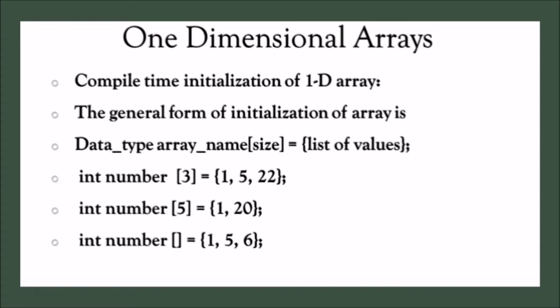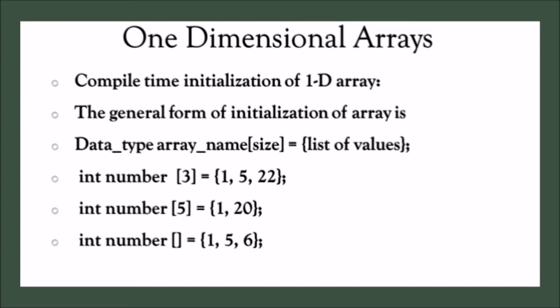In the second example we declare an array number of integer data type and its size is 5, but we store only two values, 1 and 20. Now, in the third example, we declare an array named number of integer data type and we do not declare the size of the array here.